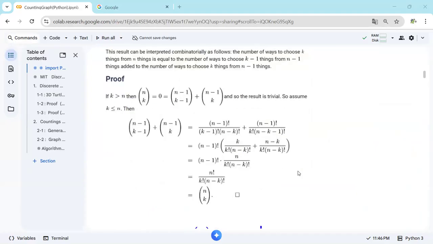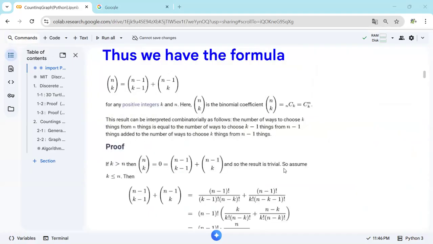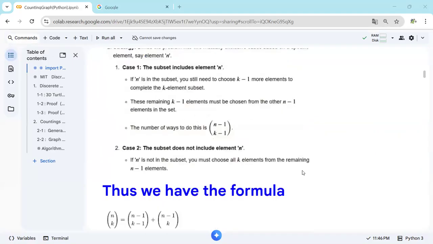The second proof: you may use any one. You may use this proof or other proof, if I ask you to prove Pascal identity. And the second one is more of a combinatorial proof, and that is a kind of storytelling proof.